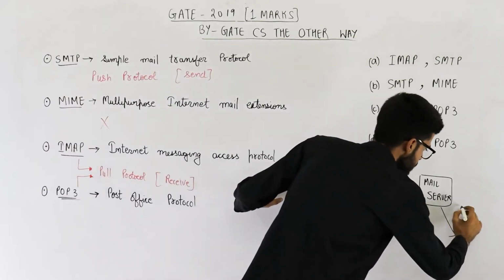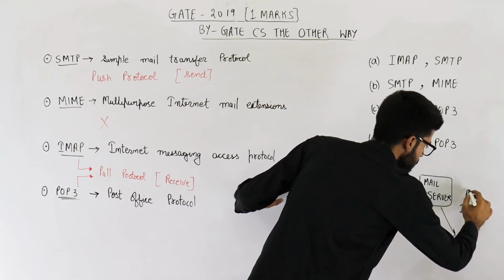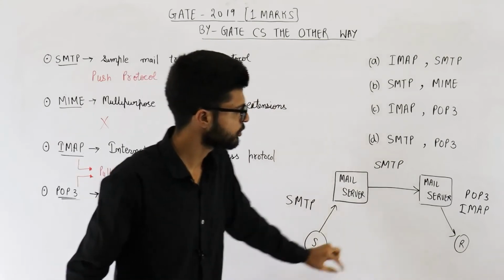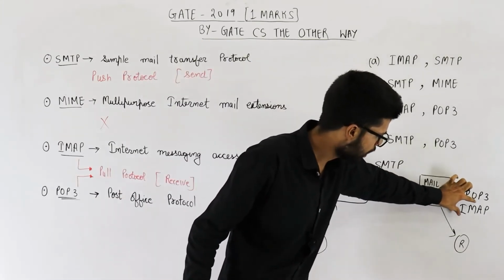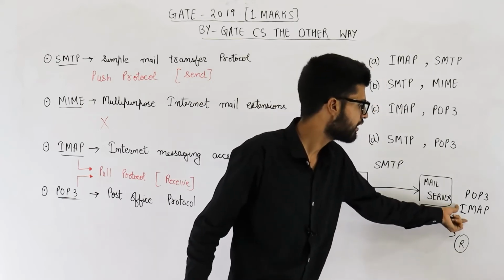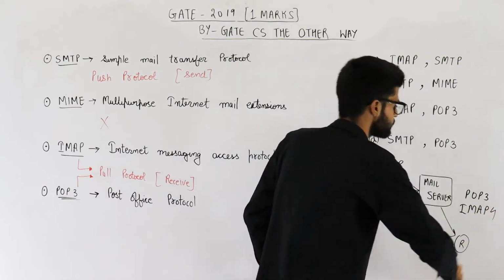So it is IMAP or POP 3. These days we don't use the Post Office Protocol; we have an advanced version of this protocol. The task is the same, but we have a lot of new features in IMAP version 4.